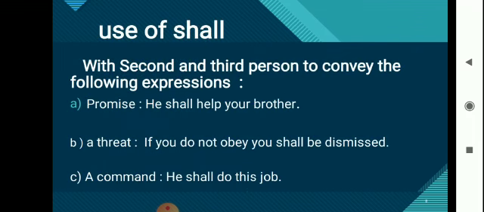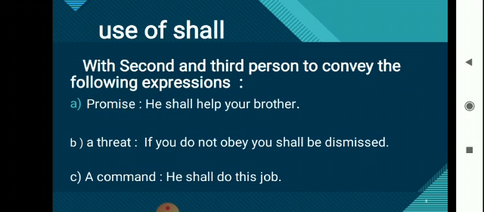Next is the use of shall with second and third person to convey the following expressions. It means we use shall with second or third person if we want to convey that I promise, that I will do it.